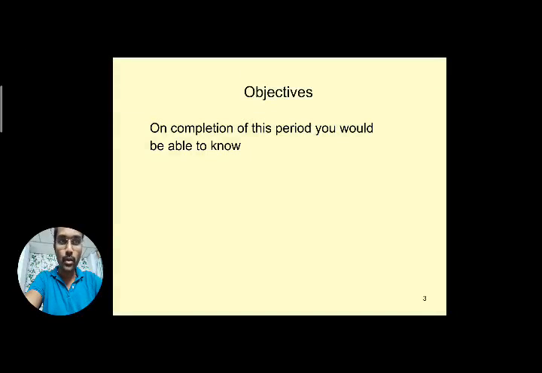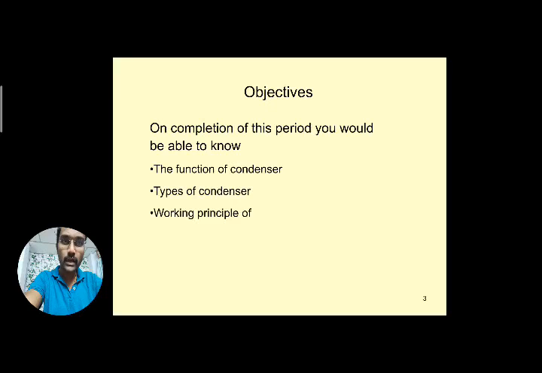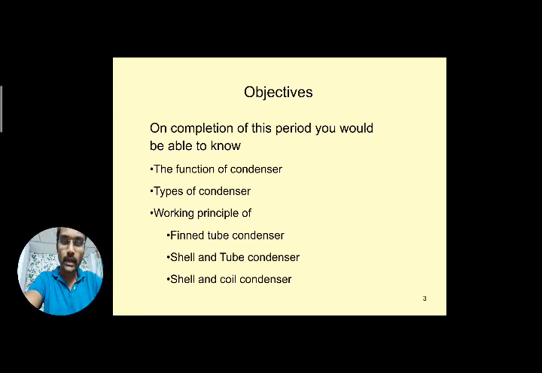Upon completion of this period, you will be able to know the function of the condenser, the types of condensers, and the working principle of the fin tube condenser, the shell and tube condenser, and the shell and coil condenser. We will see the functioning, the types, and the working principle along with diagrams.